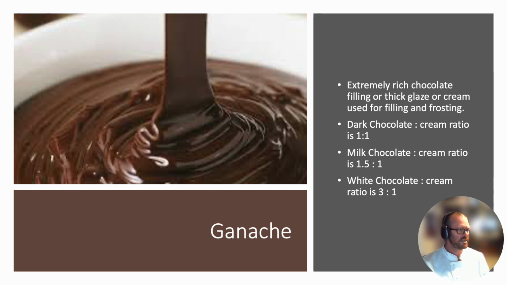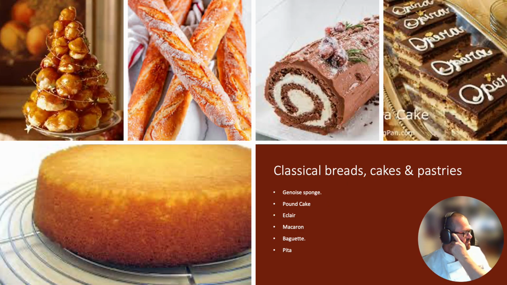Cool. Next slide. Some classical breads, cakes and pastries. A Genoise sponge, which is the picture there, the big one down the bottom, is an Italian style, right? It's aerated by eggs and manual aeration. A pound cake you've got there, a classic type of cake.